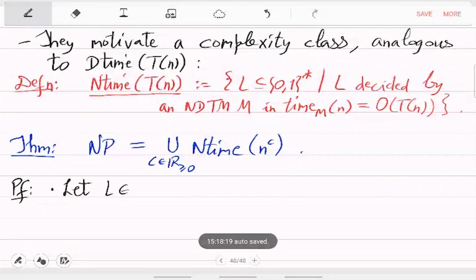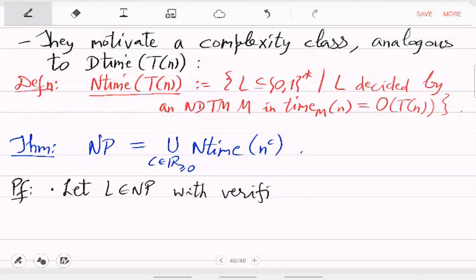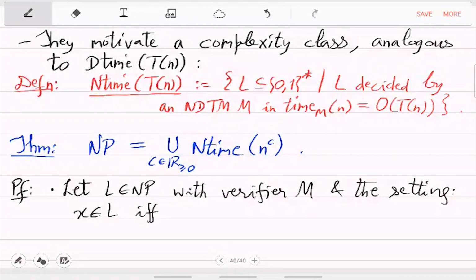So let L be in NP, which means there is a verifier Turing machine M, and the setting is: X is a yes string if and only if there is a certificate which is not too big, just slightly bigger than the size of the input X, on which the verifier accepts.